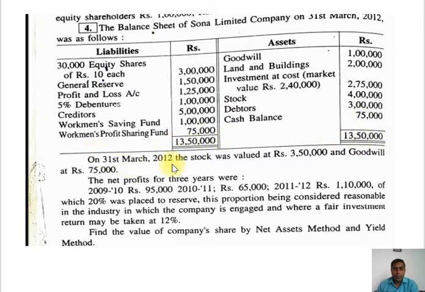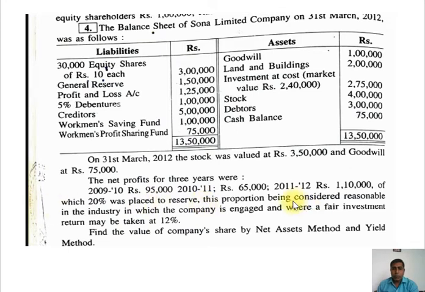On 31st March 2012, the stock was valued at rupees 3 lakh 50,000 and goodwill at rupees 75,000. The net profit for 3 years were 2009-10 rupees 95,000, 2010-11 65,000 and 2011-12 1 lakh 10,000, of which 20% was placed to reserve.